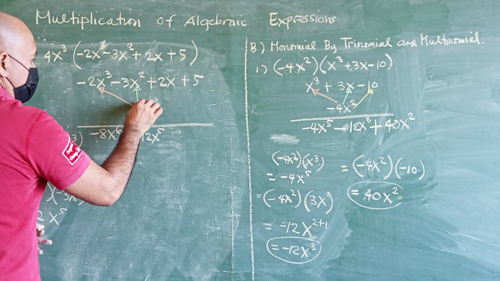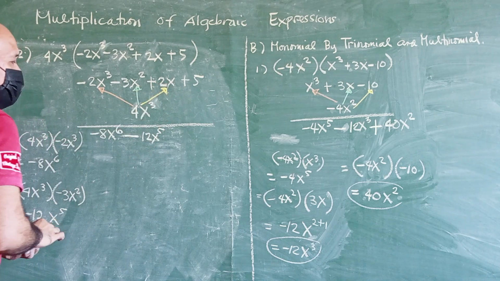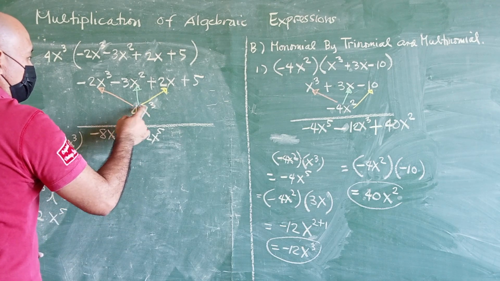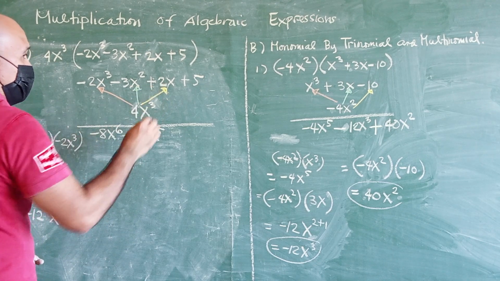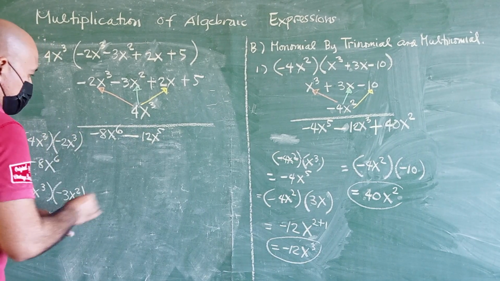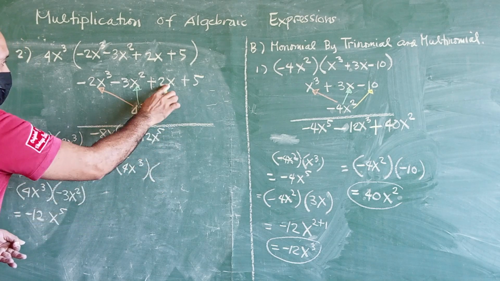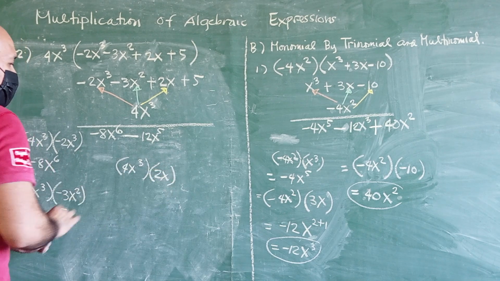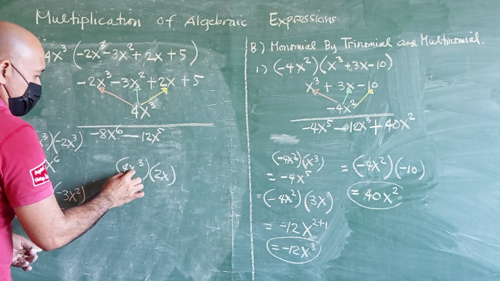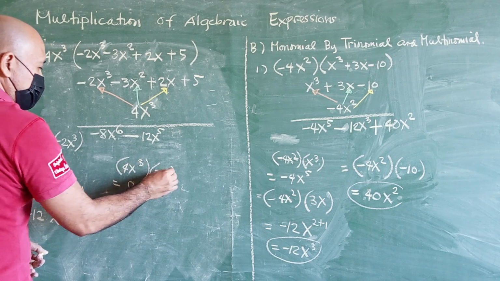This sign is multiplying 4x cubed times 2x. So this 4x cubed is positive while 2x is also positive. So you are multiplying two of the same signs. So this is 4x cubed times 2x. This will become 4 times 4, that is 8, and copy the common variable x and add their exponents, that is 3 plus 1.